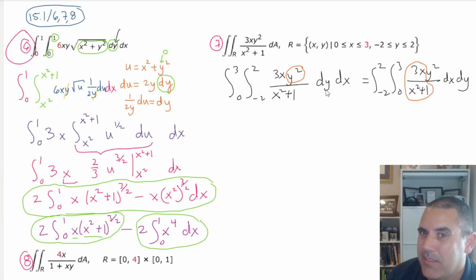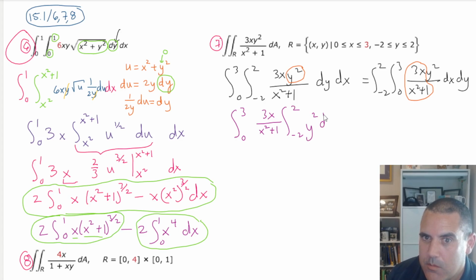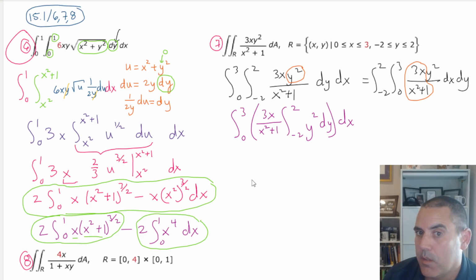So I would like to have the dy on the inside. In fact, just for the look of it, to show you that this is allowed, all of this you could think of as a coefficient. So from the right perspective, this is what you're getting. That's what I would vote for.